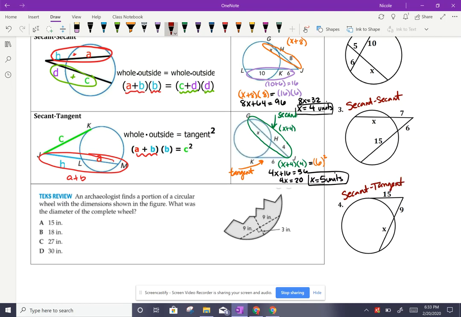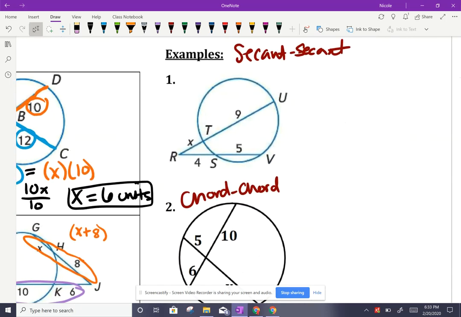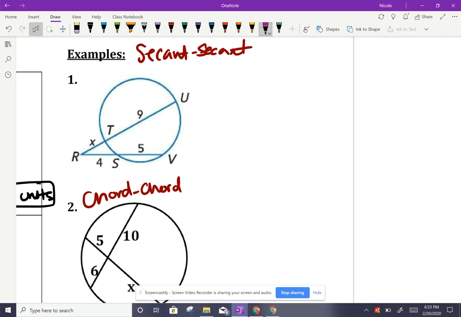So now I'm going to go through and work out each one of these individually, now that I know what my plan of attack is for each one, which setup I need to do. So looking at example 1, secant, I have this whole secant. I'm going to do that in a different color, in a different direction, which has the whole being x plus 9, and then the outside is just x.